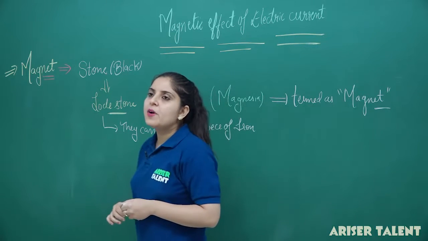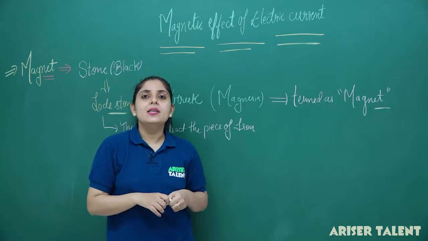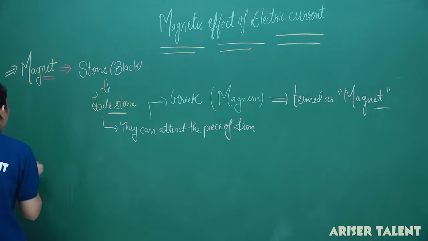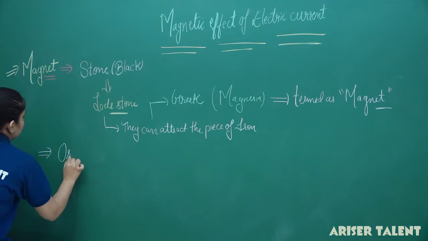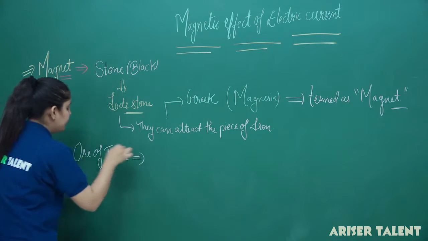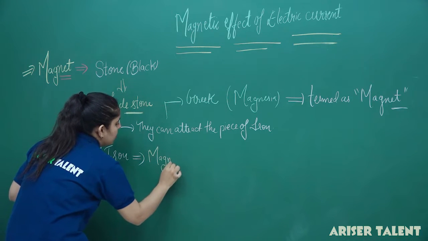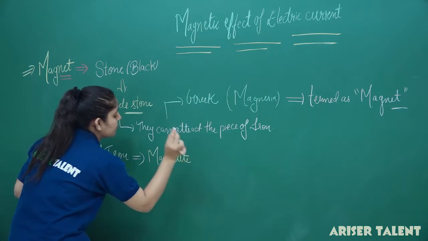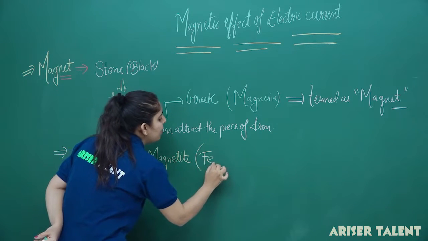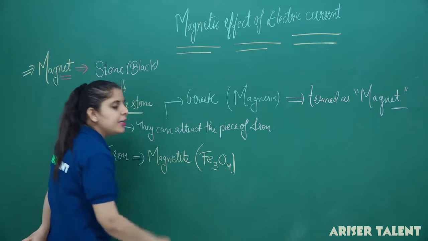Now, what happens further? Whenever this lodestone is found, from there we have found an ore of iron, and that ore of iron is known as magnetite. Magnetite is the name of the ore of iron, and it has the formula Fe3O4.